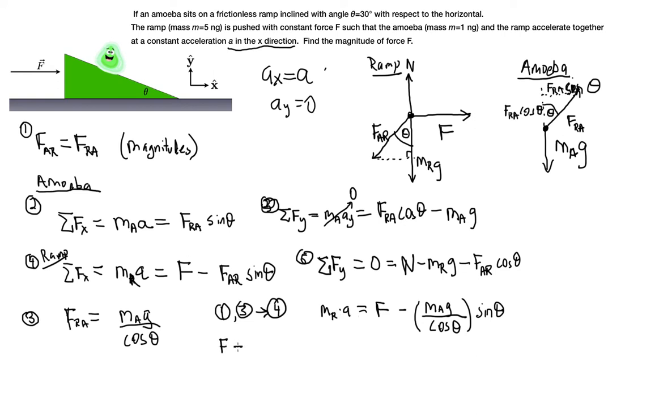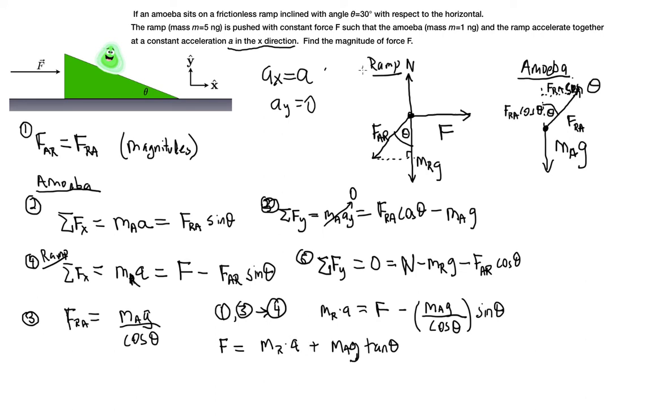F is equal to mass of the ramp times the acceleration plus the mass of the amoeba times g times tan theta. Okay, so right here we've used 3, we've used 1 and 4, and I've got this acceleration here.